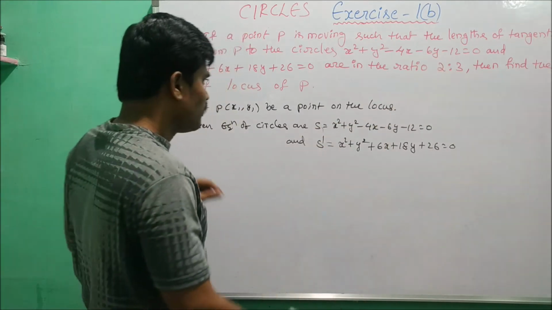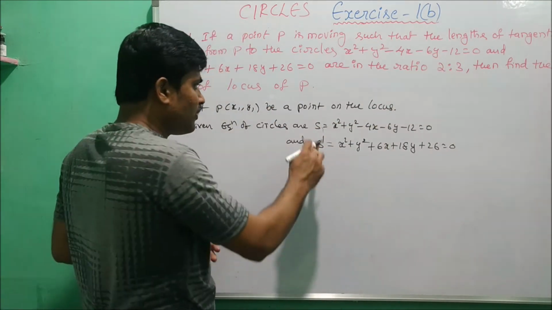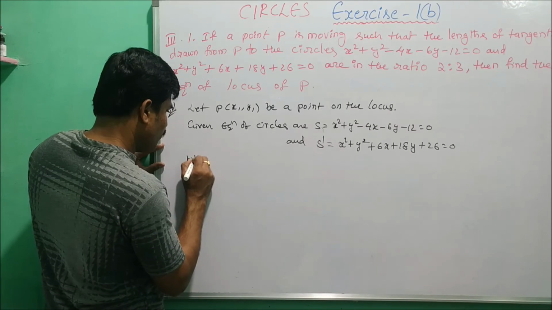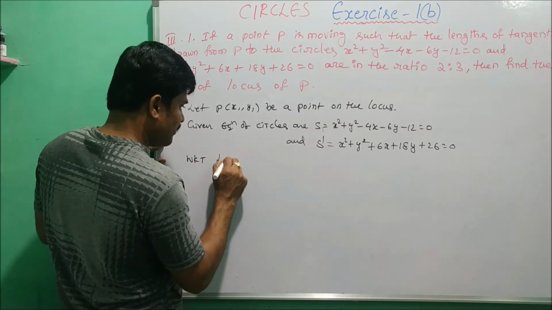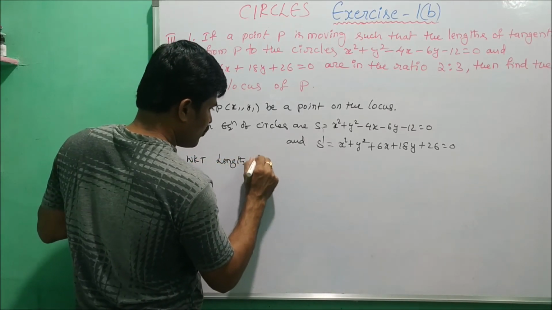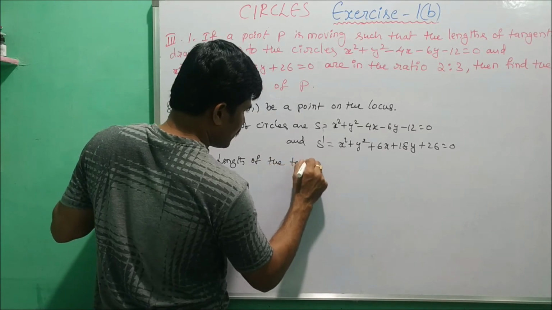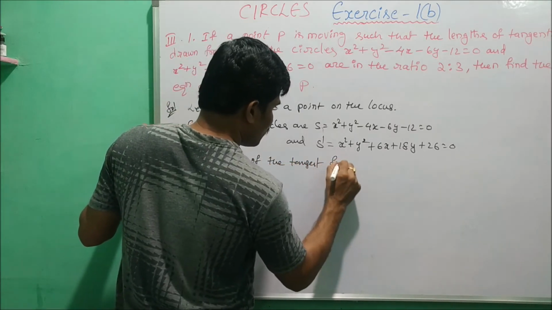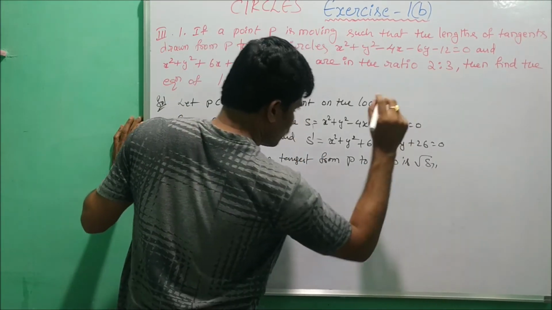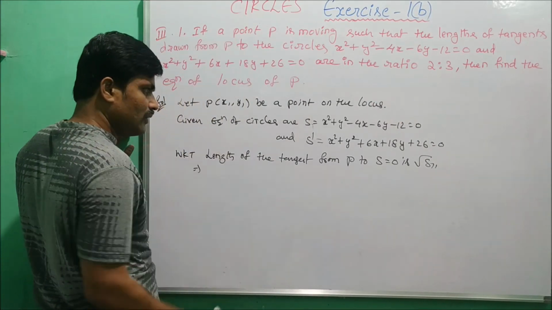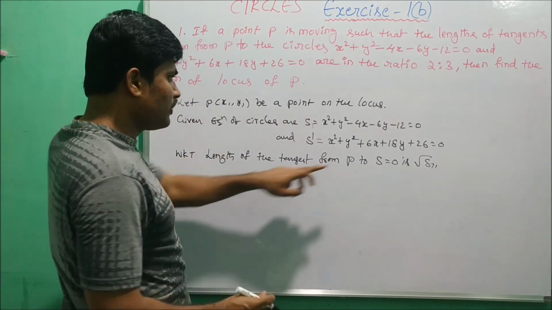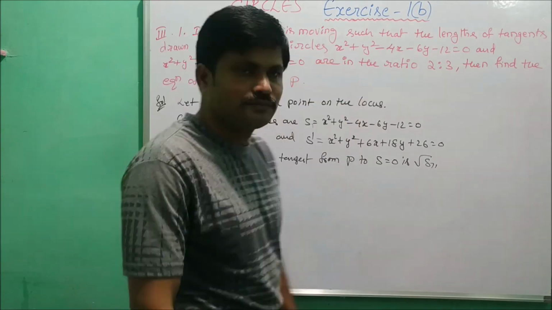So first, to find the length of the tangents, we know that the length of the tangent from the point P is square root S1. Now we use that formula, as already given.